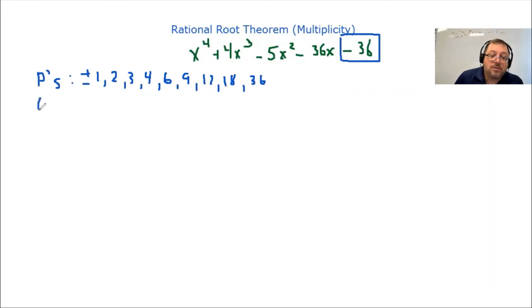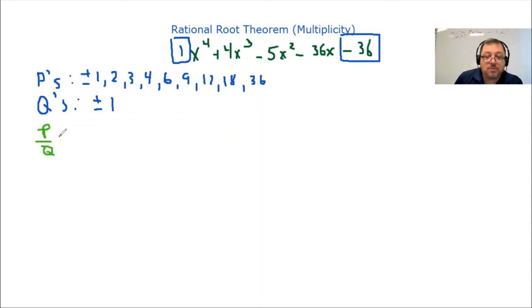So then we do our Q's. Now we're looking at the leading coefficient, which is right here. That's an invisible 1, so it's plus or minus 1. So now what we want to do is write what our possible roots are.